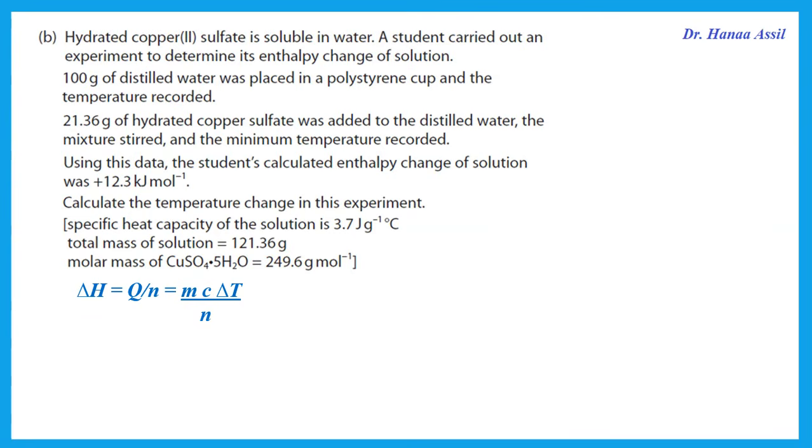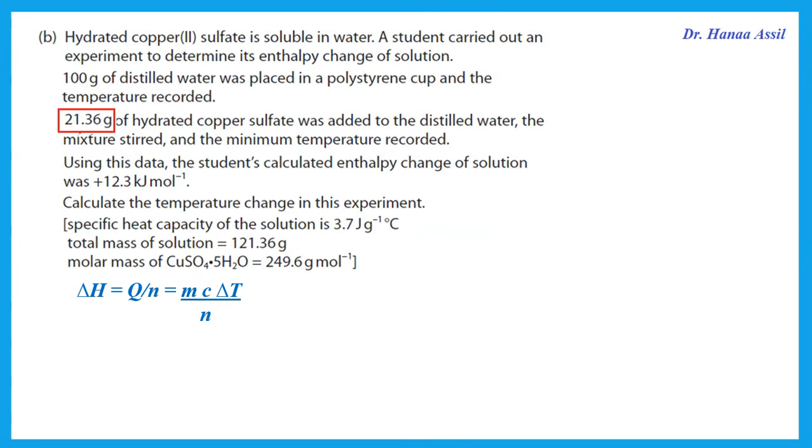We know that delta H is Q over n, and Q is mc delta T. So delta H is mc delta T over n. So if I can get n, the number of moles of the hydrated copper sulfate.